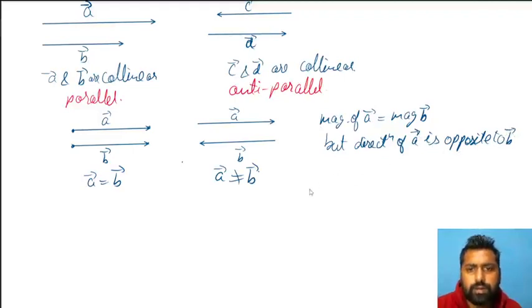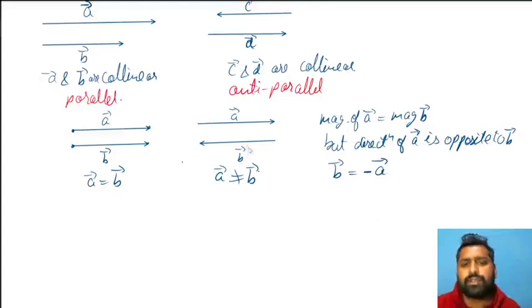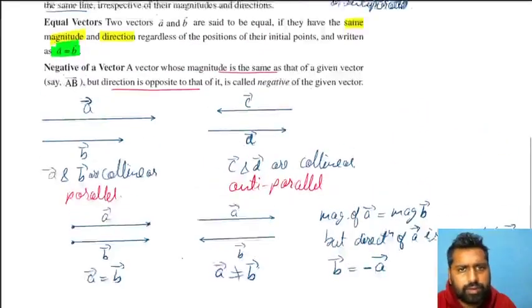So we can say that B vector is nothing but the negative of A vector. That is the meaning of the negative of a vector. So this B vector I have shown is actually minus A vector. Whenever you have to draw the negative of a vector, just reverse the direction. Same length, reverse the direction.